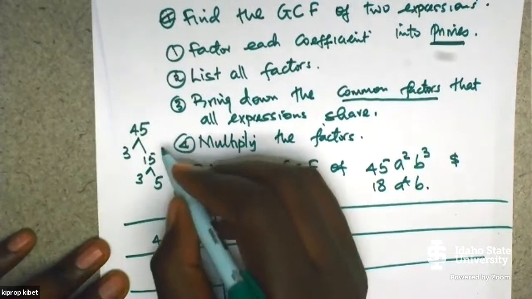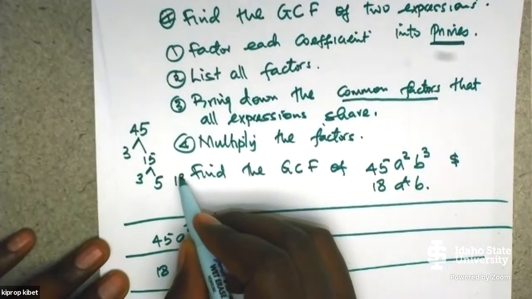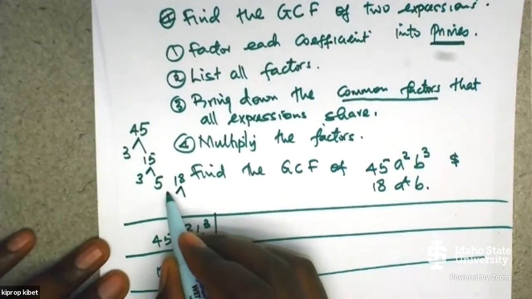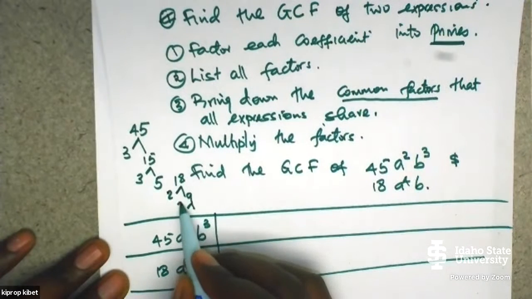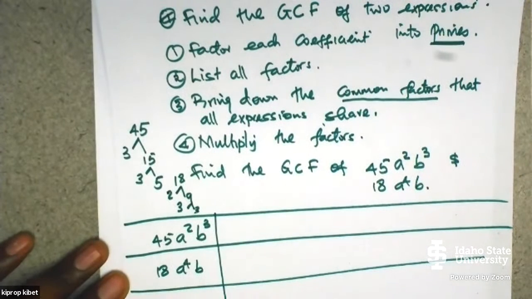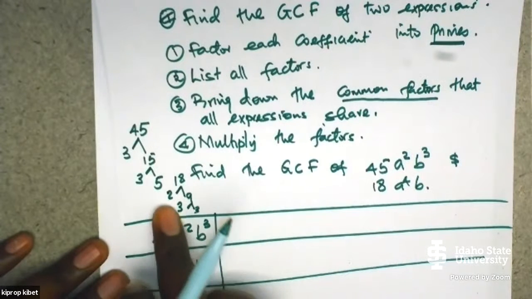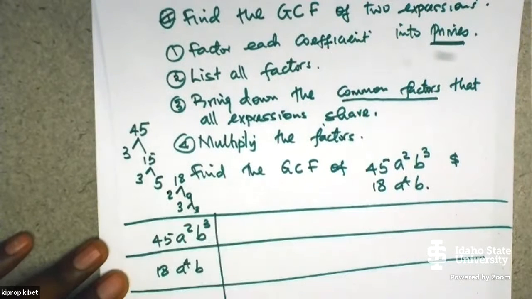And then for the 18, the smallest is 2. Then you get 9, and then 3 and 3. So 3 by 3 is 9, by 2 is 18.